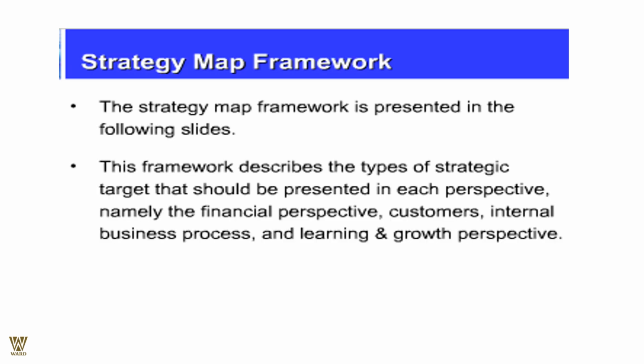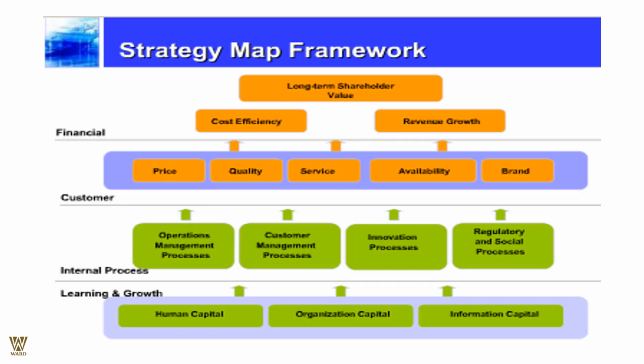The strategic map framework is presented in the subsequent slides, which will talk about each perspective: finance, customers, internal business, and learning and growth. In terms of finances, every company would like to be cost efficient. Everybody would like to have a heavy bottom line or revenue growth.